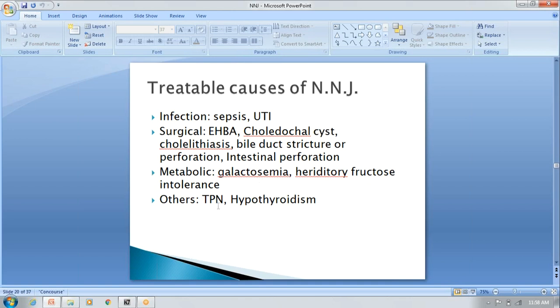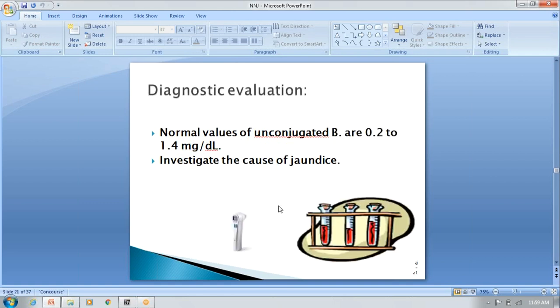And others: total parenteral nutrition and hypothyroidism. Hypothyroidism is also very, very important, and it may land in mental retardation. If you diagnose hypothyroidism early in a newborn, you have to treat as soon as possible, within 15 days of life. Otherwise the child's IQ may be delayed. So don't wait, treat the hypothyroidism.